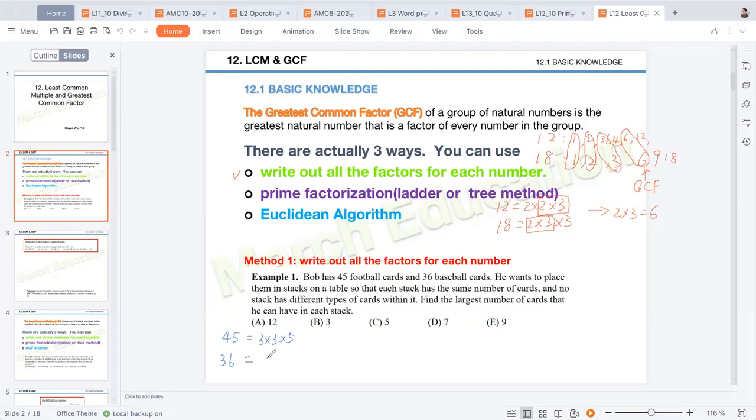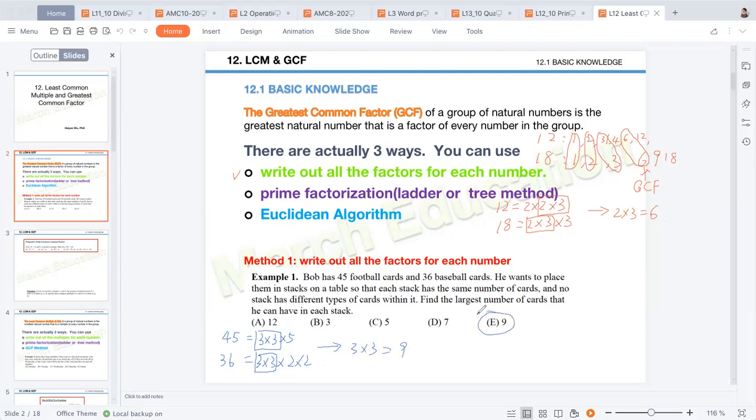For 36, we have 3 times 3 times 2 times 2. Okay, the same part is 3 times 3. So the greatest common factor equal to 9.